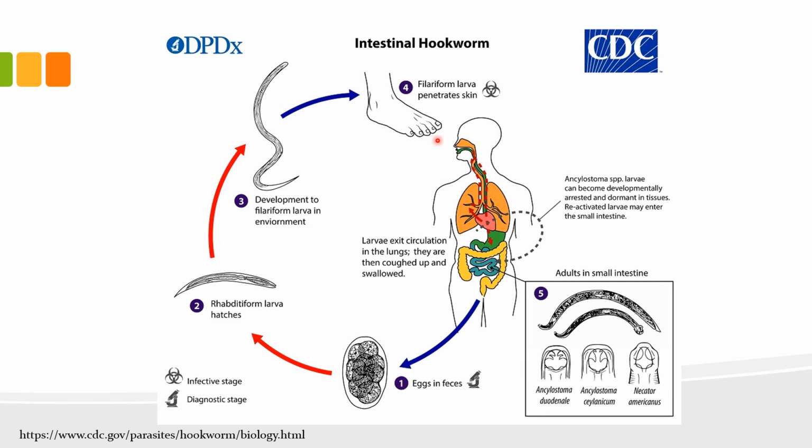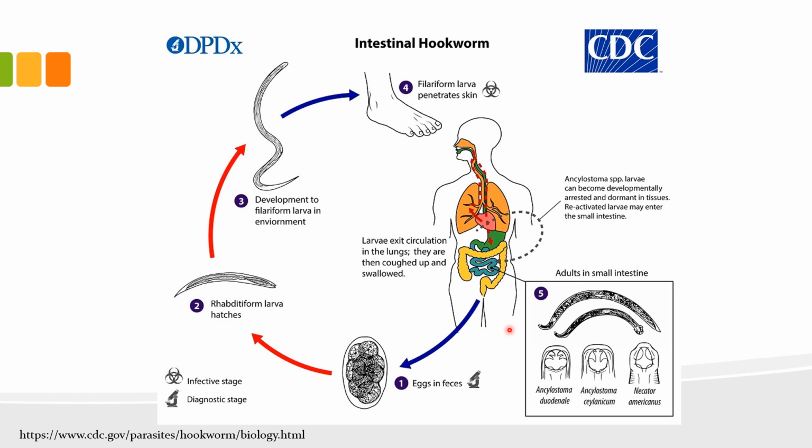We also have the intestinal hookworm. So the intestinal hookworm disease in humans is caused by the helminth parasites Ancylostoma duodenale, Ancylostoma ceylanicum, and Necator americanus. So this is the life cycle of the intestinal hookworm.